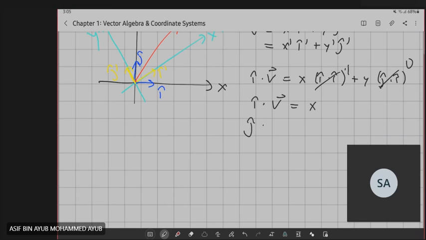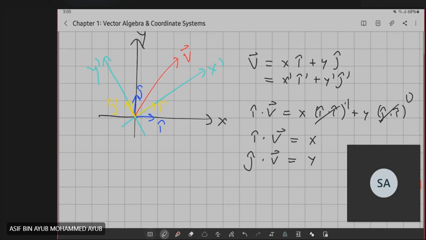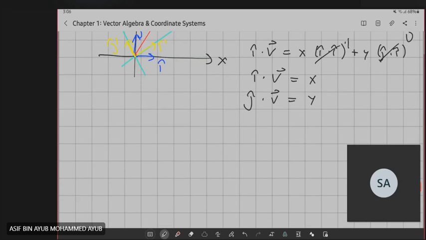Similarly, if you dot j with v, you get y. So if I want a component of the vector along x or along y, I just dot it with the unit vector along that direction. Same thing with the primed coordinates. If I want x prime, I'll just dot it with i prime, and same here, j prime.